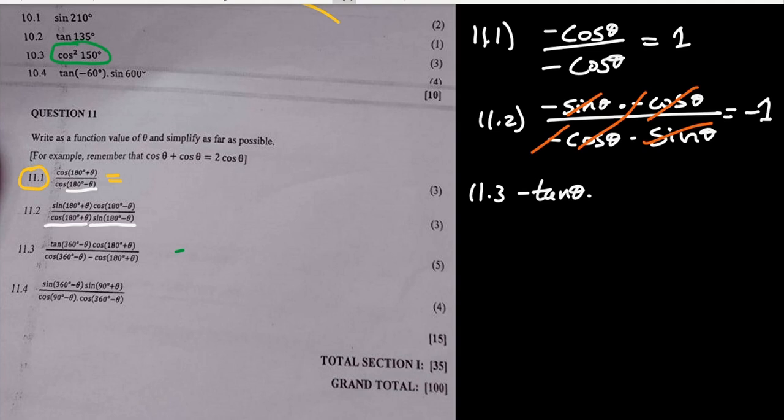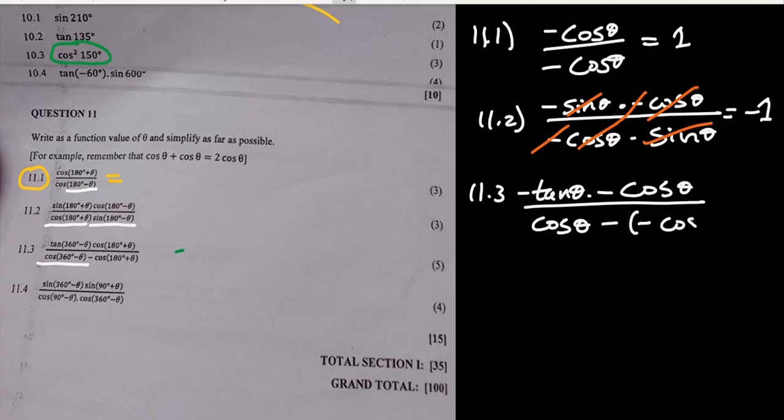On quadrant number 3, cos is negative. (360 minus) is quadrant number 4. On quadrant number 4, cos is positive. And then you have a minus here. Cos 180 plus, this is quadrant number 3. On quadrant number 3, as you've guessed it now.